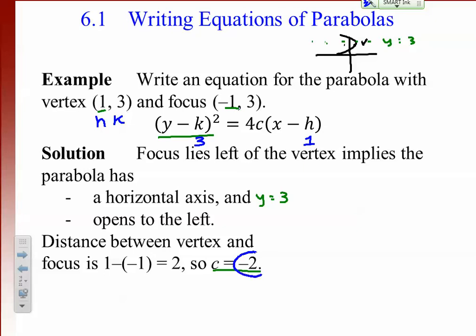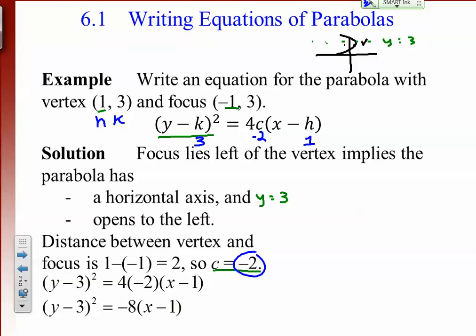We figured out c was negative 2. After that, it's just a matter of plugging those numbers into this general equation. And you get y minus 3 squared equals 4 times negative 2 times x minus 1. That is the equation for the parabola that has that vertex and that focus.